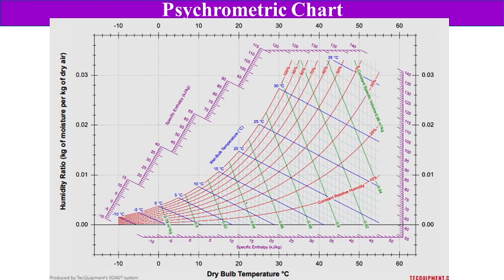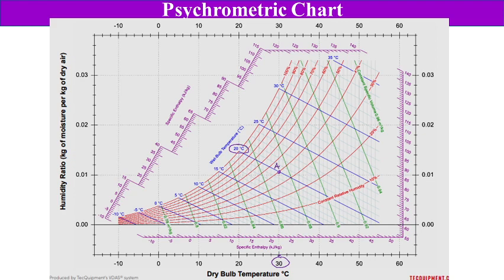So dry bulb temperature is 30 degrees Celsius on the x-axis, and wet bulb temperature is given as 20 degrees Celsius. This is the point A, where the wet bulb temperature line of 20 degrees Celsius and the dry bulb temperature line of 30 degrees Celsius intersect.